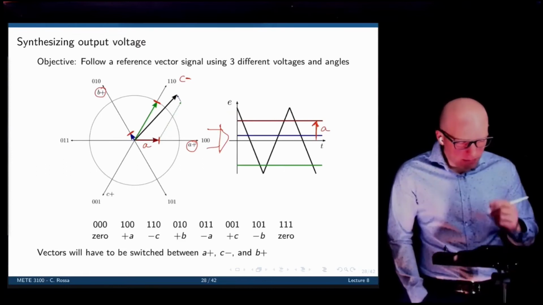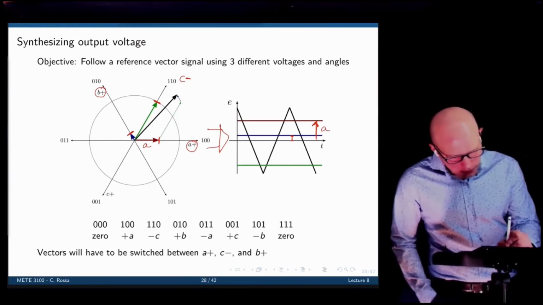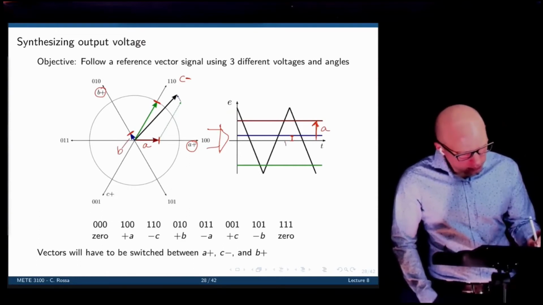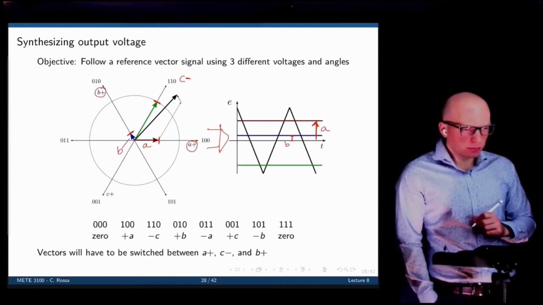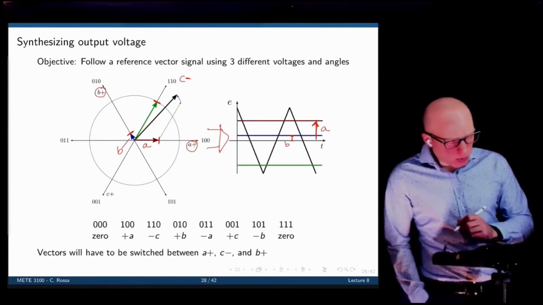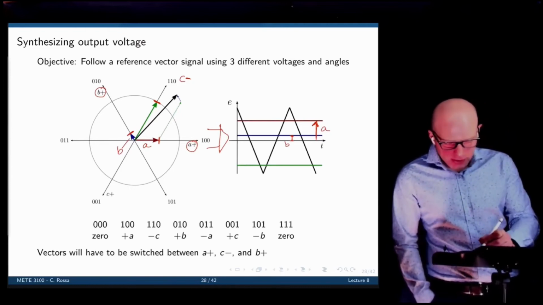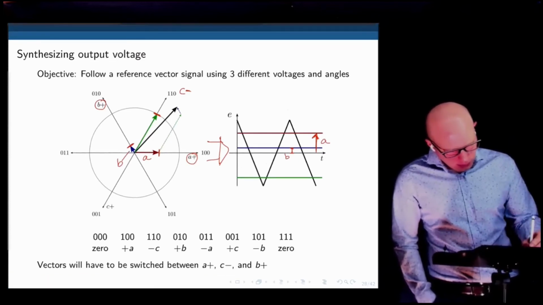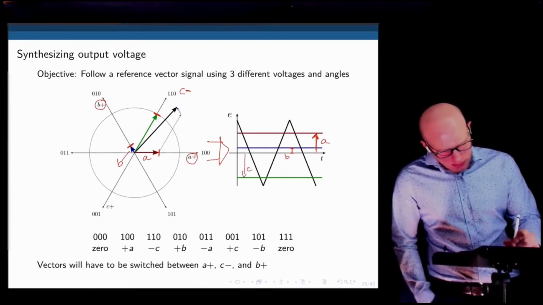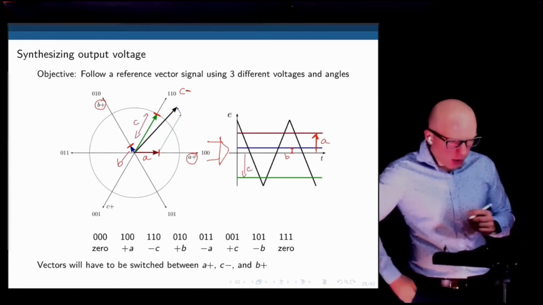We can do B. B is also positive, and the magnitude of B is determined by this magnitude. Okay, and we can also do C. C is negative, so it goes on the negative side, and this is the magnitude of C. Now, how do we create the black vector?